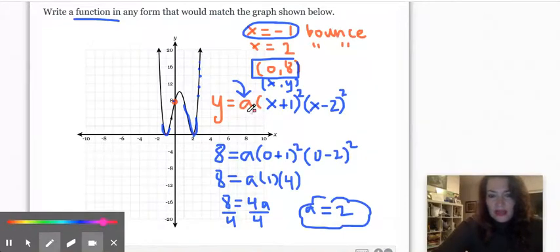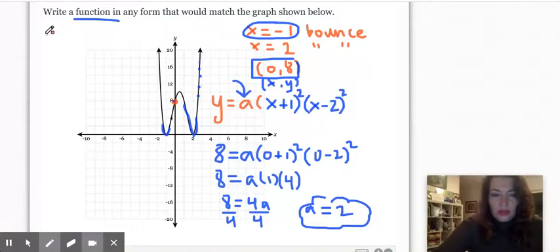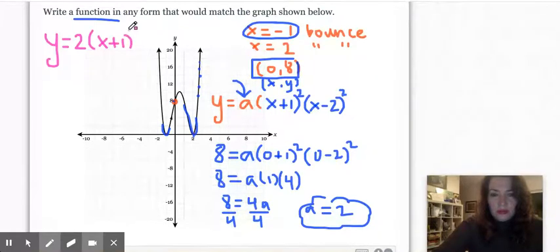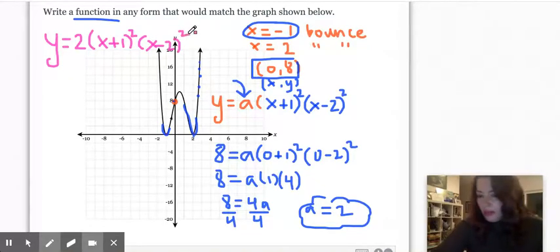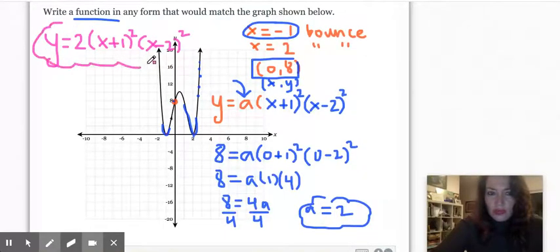Plugging in the a value here, we will have y equals 2 times (x + 1) squared times (x - 2) squared. And now we have the function written to match the graph.